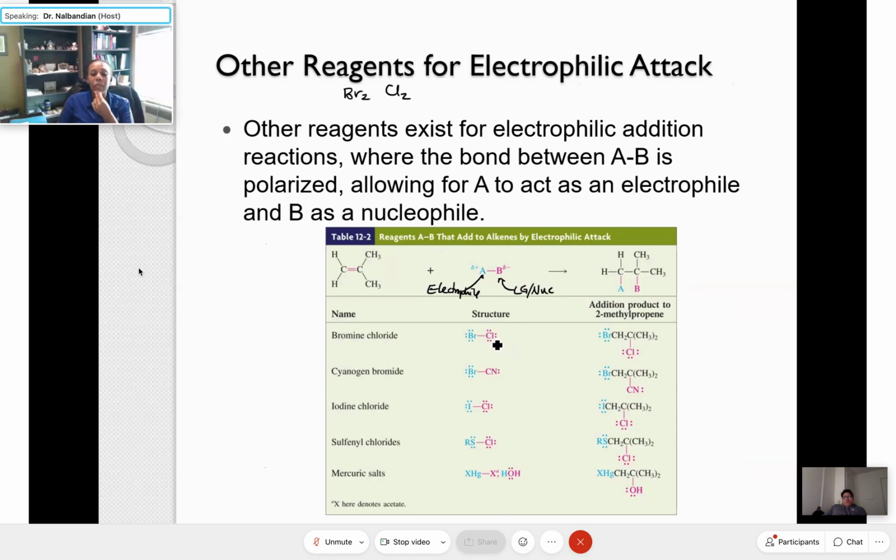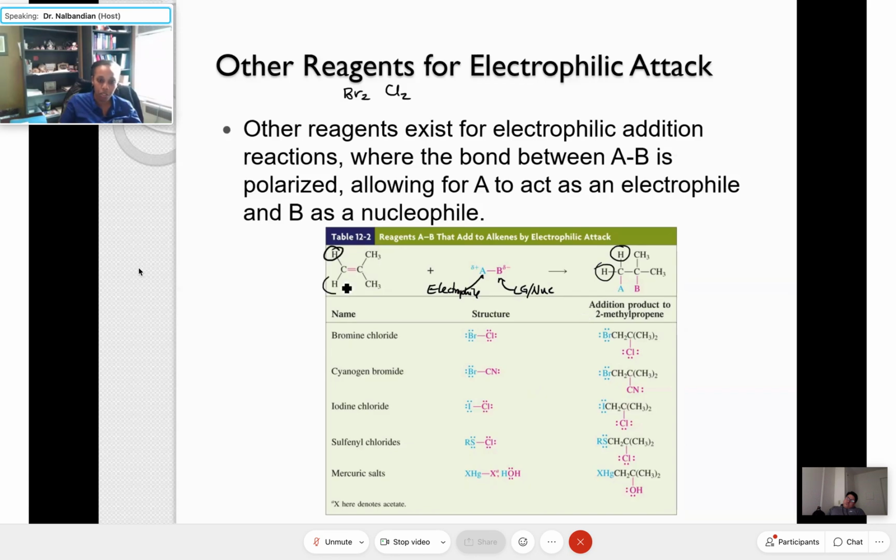And so here they give you a bunch of different examples where you can see that in all cases, based on Markovnikov's rule, H or the electrophile goes where there are more H's. And so with the starting material where we have these two H's on one carbon and no hydrogens on the other carbon, the electrophile is going to go where we have more H's, and the nucleophile will be added to the other carbon of the double bond.